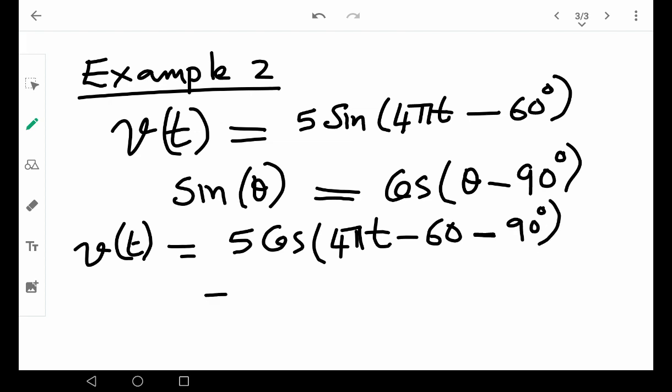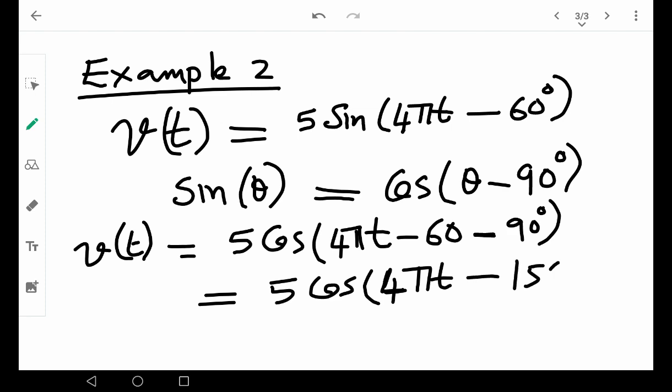So you can write it as 5 cos (4 pi t minus 150 degree). Right.